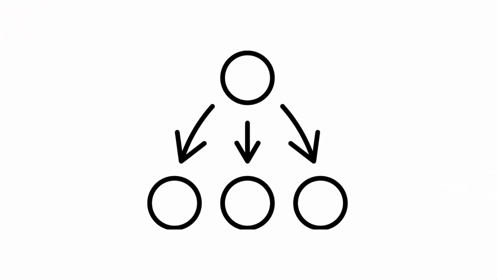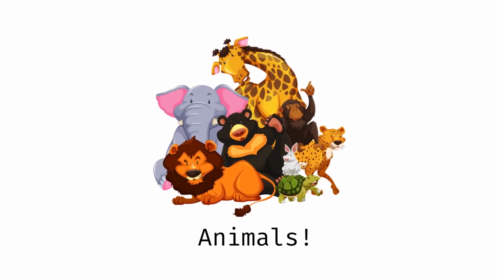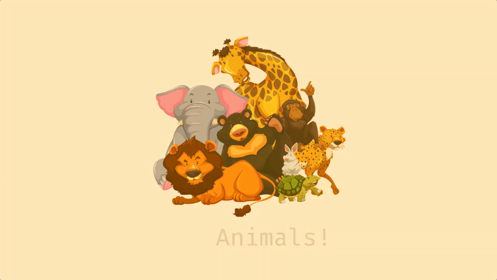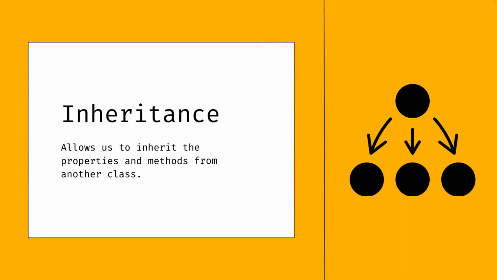And you're right, we can solve this using inheritance. This requires us to come up with a category that all these classes would fit in. And there is a rather obvious one: animals. Using inheritance allows us to inherit the properties and methods from another class.